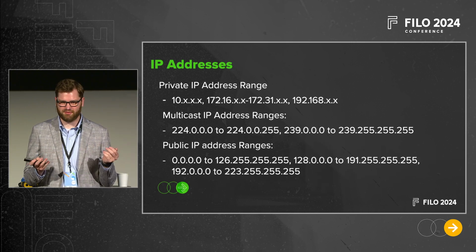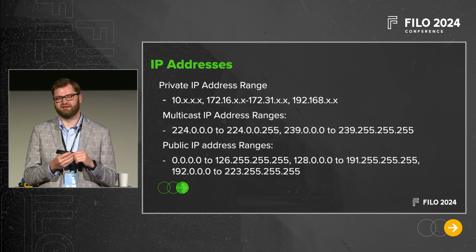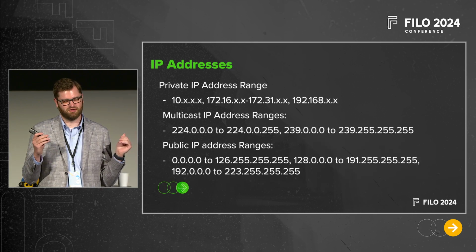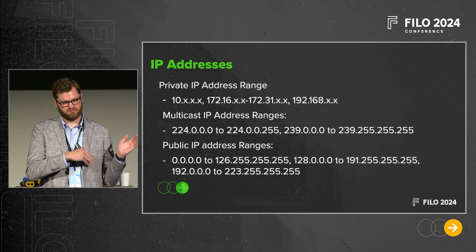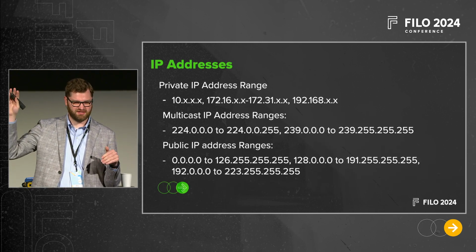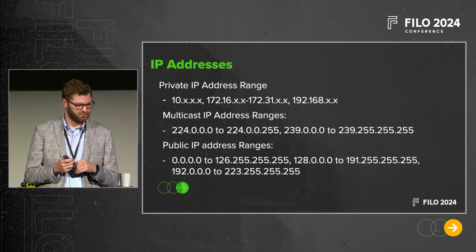You also have your public IP ranges. The main thing to keep in mind with that is don't use public IPs on your local devices when you're configuring your network, because that can cause issues with finding other devices that use those same public IPs. Yeah, you can look up on Google, wherever, there are specific ranges that they call user-defined scope.